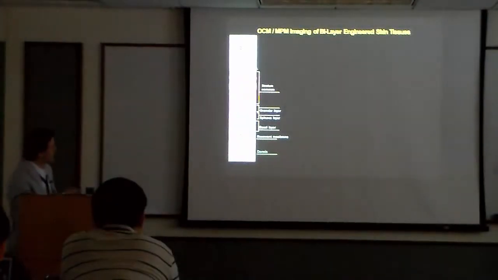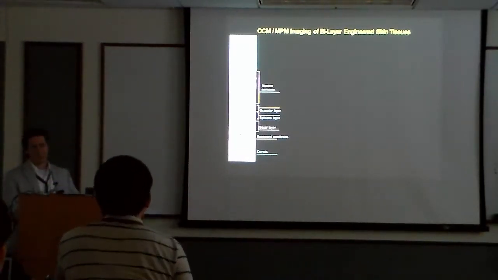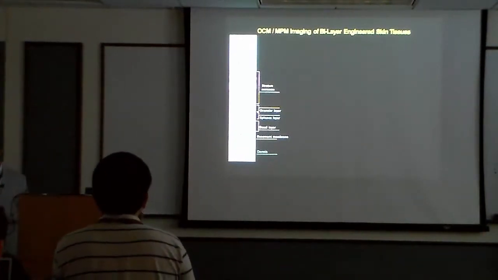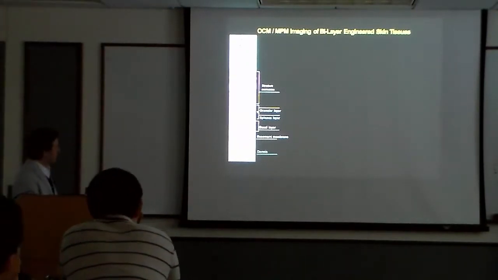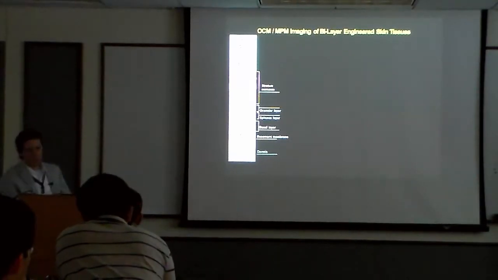In this case, we used human skin equivalents. These are engineered skin grown with human cells, and they generally represent all the different layers: the dermis, the basement membrane, where a lot of the stem cell division takes place, and then all the way up to the stratum corneum.